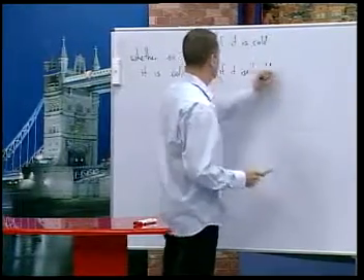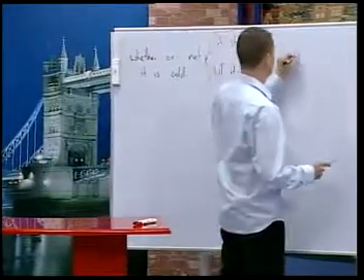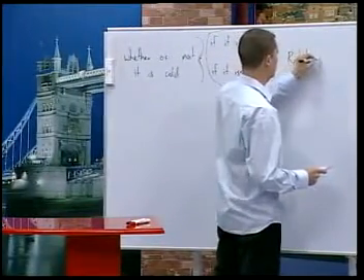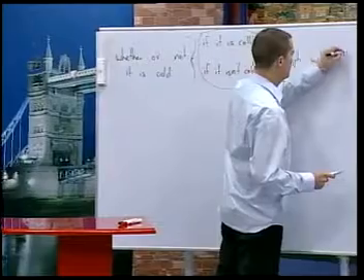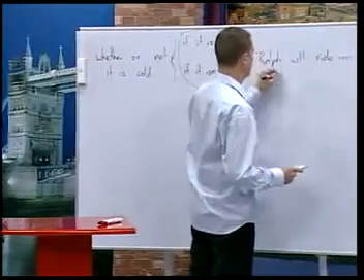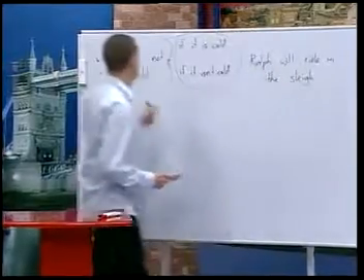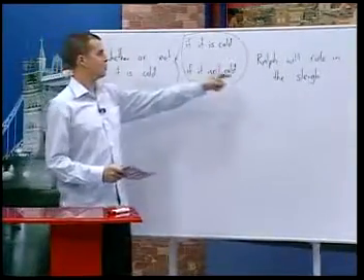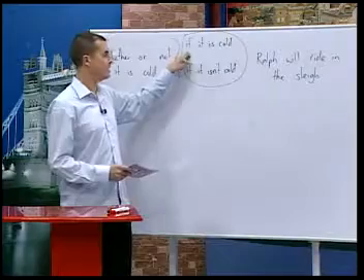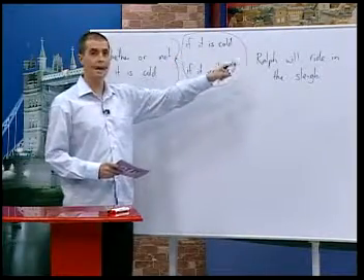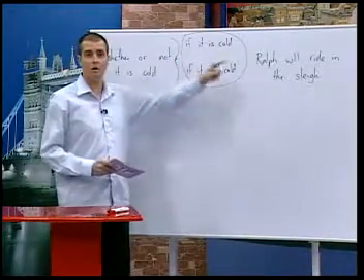So think of it like this: Ralph will ride in the sleigh. So, whether or not it is cold, Ralph will ride in the sleigh. Means, if it is cold, Ralph will ride, and if it isn't cold, he will ride.